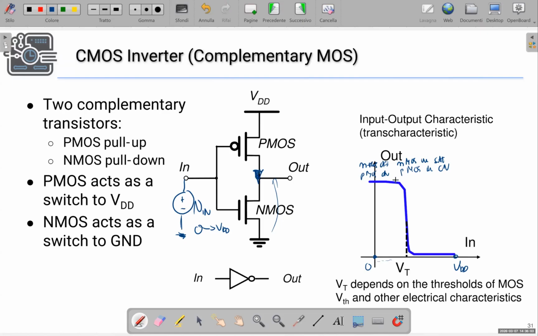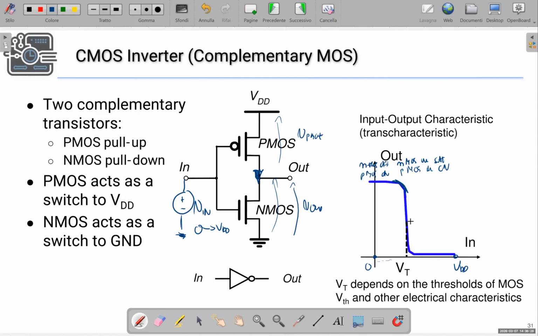We have a voltage drop across the PMOS transistor, so the output voltage tends to decrease. The output voltage is basically VDD minus the voltage drop across the PMOS, and since this voltage drop becomes non-zero, the voltage tends to decrease.